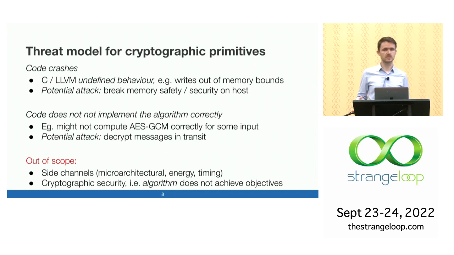Now, there are a couple of things which are excellent targets of formal verification, but we don't actually address. One of them is side channels, things like microarchitectural channels, energy and timing channels. Those things are really important, but the tools we have don't address those. You need different tools to do that. The other thing we don't address is cryptographic security.